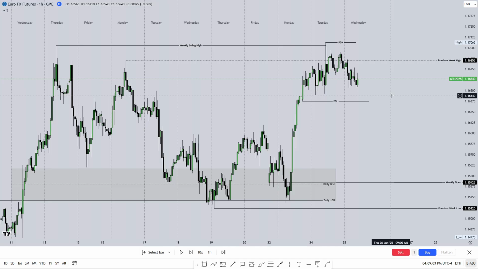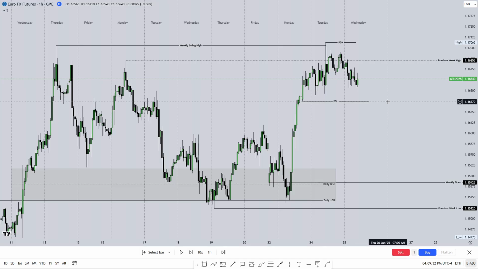So we're looking at an hourly chart here on Euro. What I'm doing every single day is marking out my important points of liquidity that I'm looking to target or look at as potential areas for a trade to originate from.